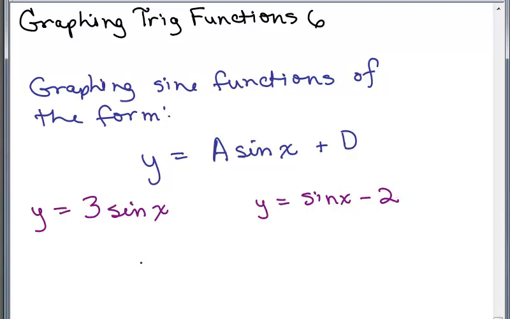So now the question is, what if we put these two together? Y equals 3 sine of x minus 2. That's what we're going to try doing now.